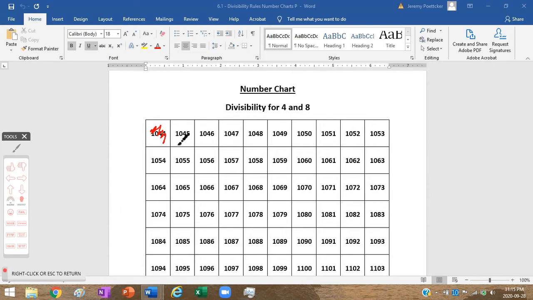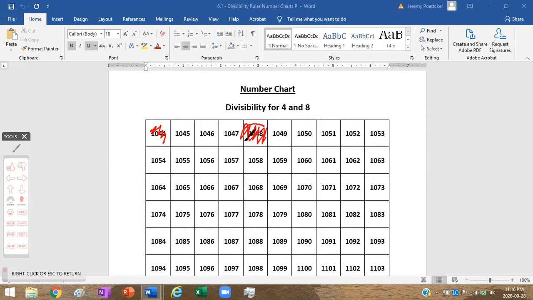Well, let's just check here. Can it be divided by 8? And I get 130.5. So it's not divisible by 8. Then 1045, 1046, 1047. All of those ones I'm not going to get whole numbers when I divide by 4. Then I get to 1048, and guess what?